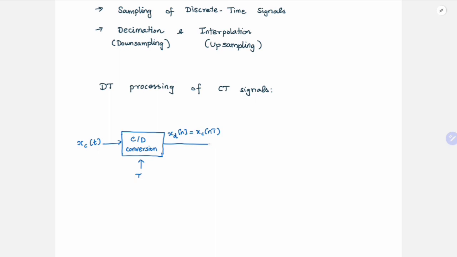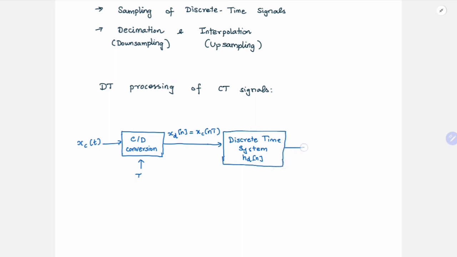And then we had a discrete time system. Let's say this has an impulse response hd of n.